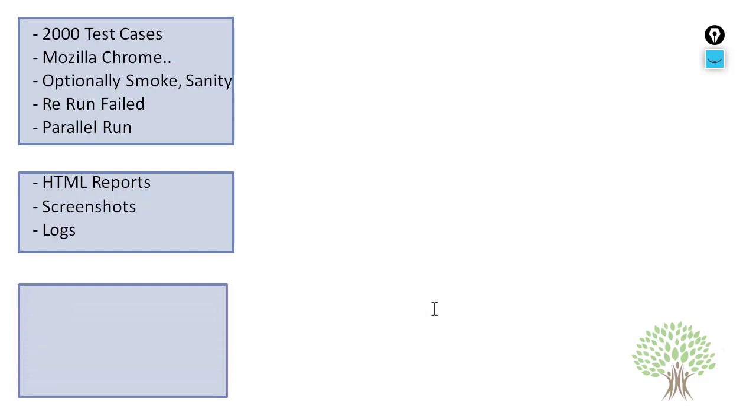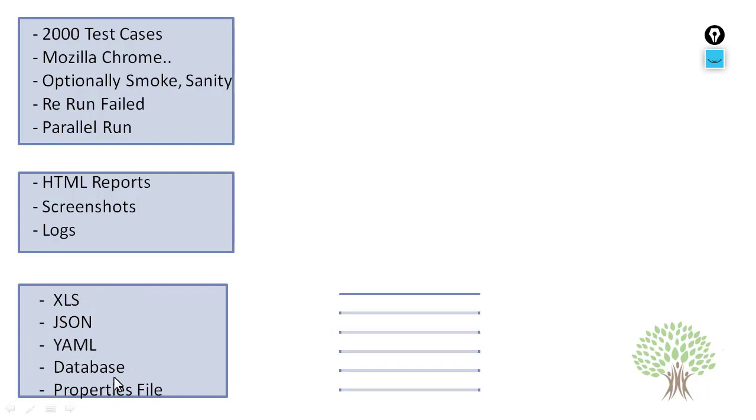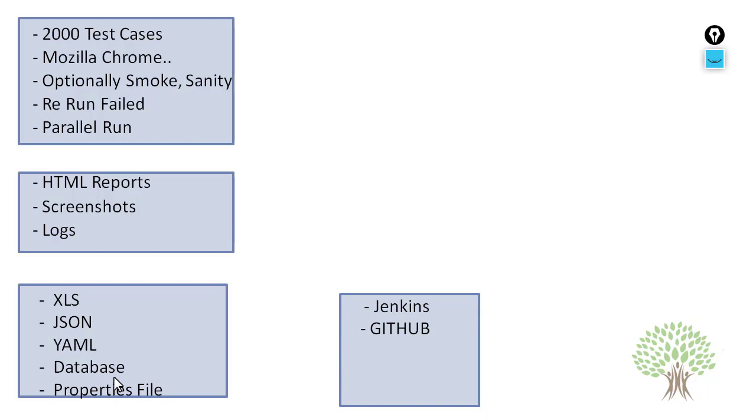Along with it, you would want to read the data in your test cases from some external files like Excel, JSON, YML, or a database or a properties file. Then you should be able to integrate your complete project with Jenkins or Git. What is Jenkins? What is Git? I will tell you that in the next 5 minutes.